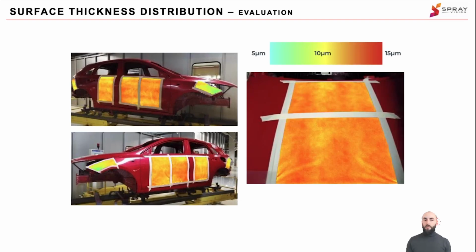After the software visualization, this is what you can see if you are using SprayVision technology. If you compare that to regular spot measurement, you can see the overall paint distribution of the whole area. So you can imagine much more where there is room for improvement, or where there is potential to have some faults in your production.